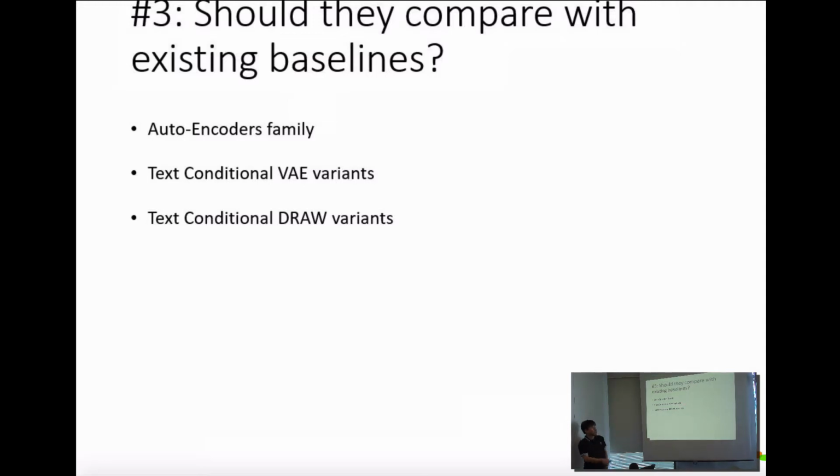You can also have a simple baseline like a text-conditional image generator, which is the one introduced in the paper that I presented. For example, in the DRAW paper, you just input the text embedding at the input of the RNN, then generate the image. So you can learn a model that generates images from text. So yeah, that is my three points.